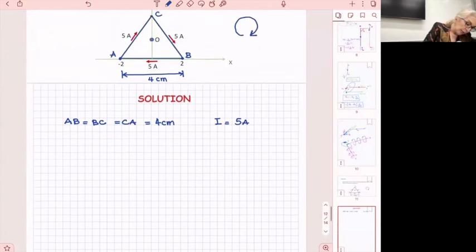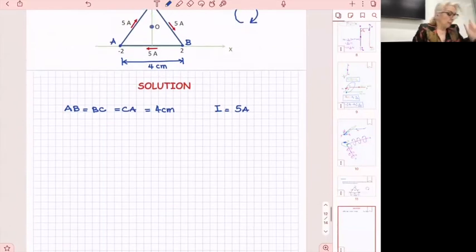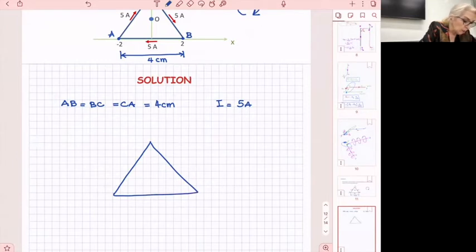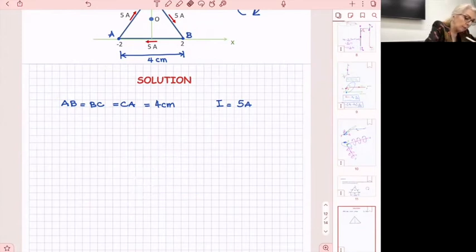Let's remember a few things about equilateral triangles before we do anything else. In an equilateral triangle, all of the angles are 60 degrees. We know the center... let me draw this a little better. A straight line here.